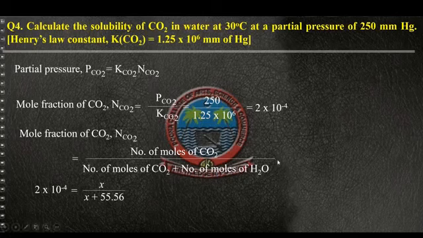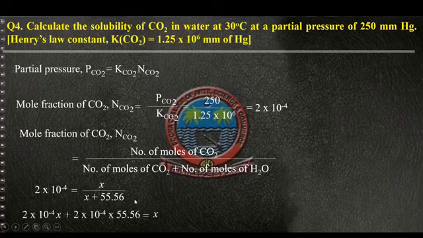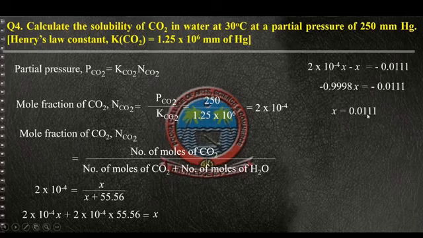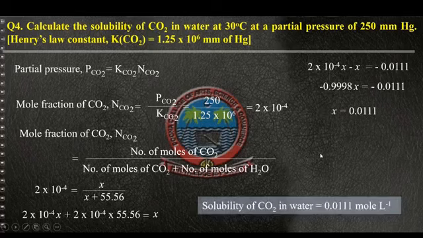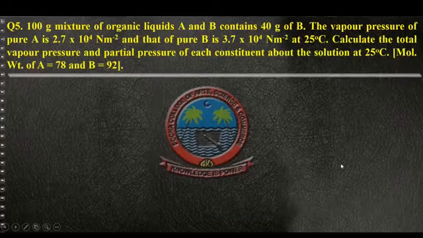So this is the number of moles of water. हमको mole fraction मालूम है, number of moles of CO2 अगर x है, so from this I can solve the value of x as 0.01111. This is the moles. So these many moles are dissolved in 1 liter of water. So I can say that the solubility of CO2 in water is 0.0111 moles per liter.